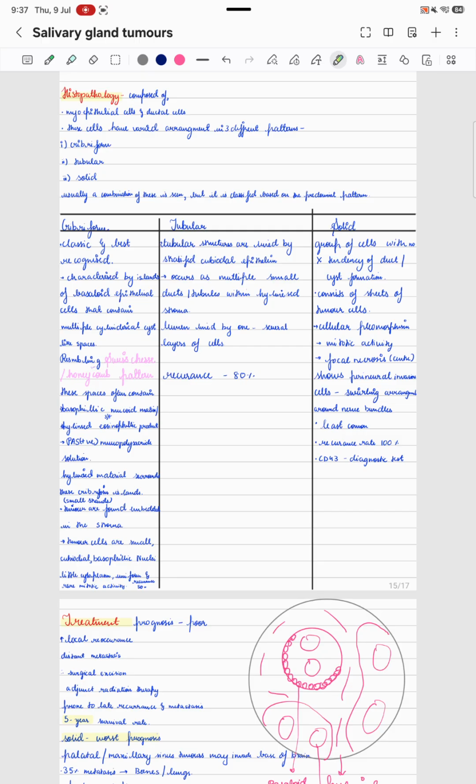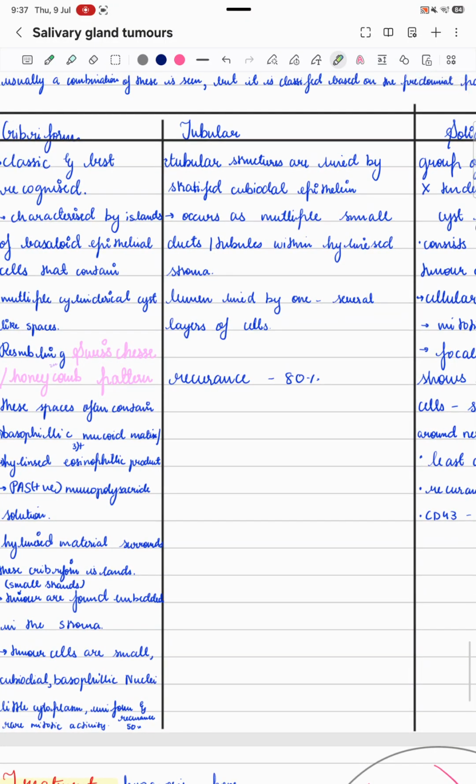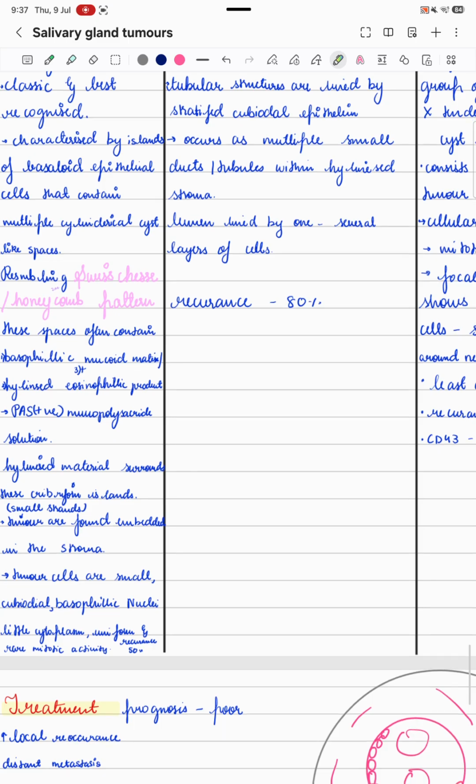This is all given roughly randomly, so I'm going to give you points on how to remember it. First, it is classic and best recognized. Second, islands of basaloid cells have cylindrical cyst-like spaces. Third, it gives the appearance of honeycomb or Swiss cheese pattern, which is very important. Fourth, it is basophilic, with mucoid material that is hyalinized.